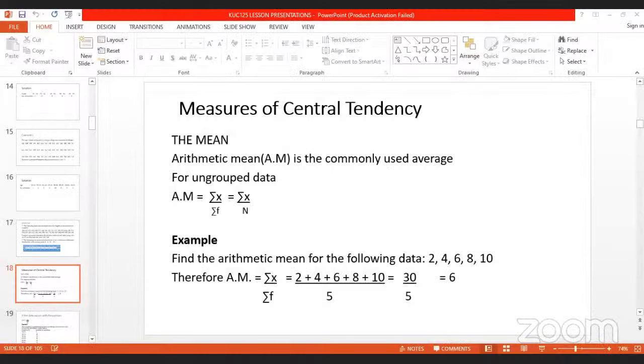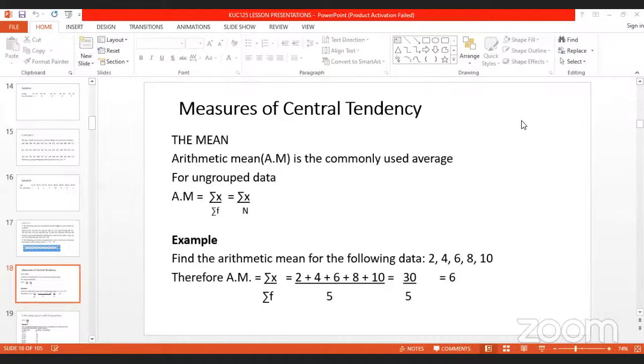We said that the mean is the average value. And this gives us a description of the average of a given set of observations. We did see that we can find the mean of a given set of observations, whether it's grouped or ungrouped.